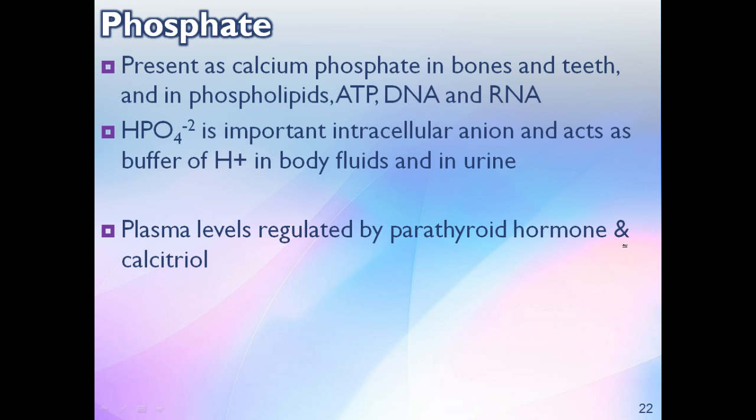It's also an important intracellular anion as it functions as a part of DNA. It's a component of your phospholipid bilayer, and it's also important in the formation of ATP, adenosine triphosphate. So phosphate is a pretty diverse and important electrolyte.